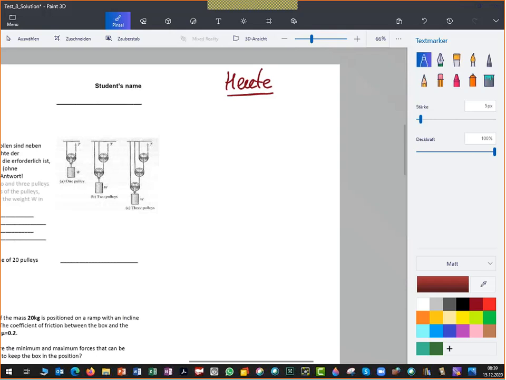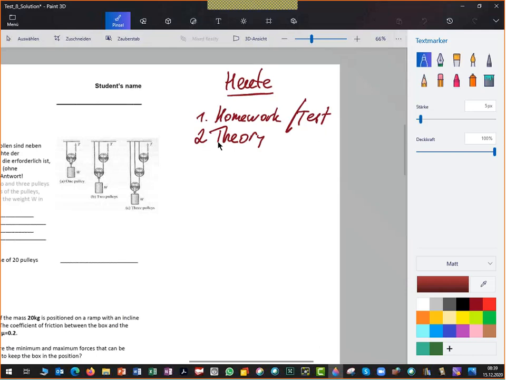So let me put it here. Our schedule for today. First, we have homework. Second, theory: work, power.